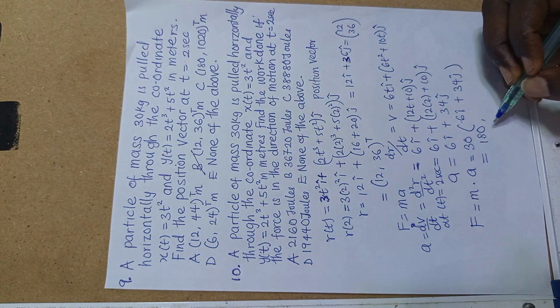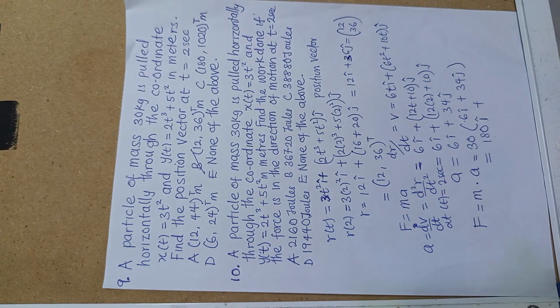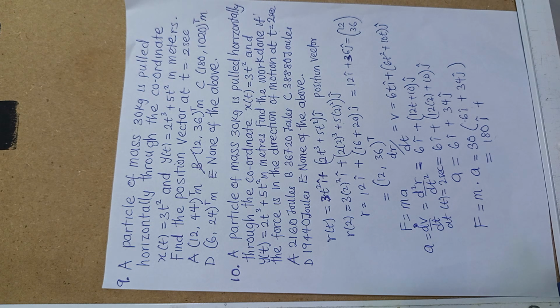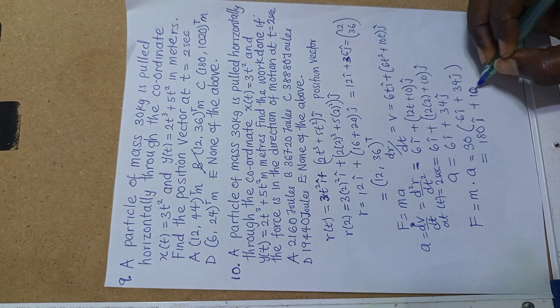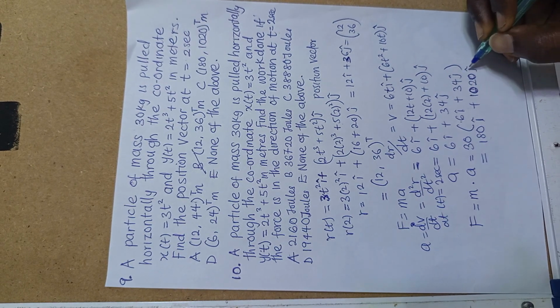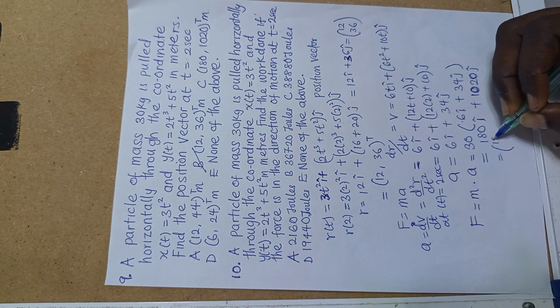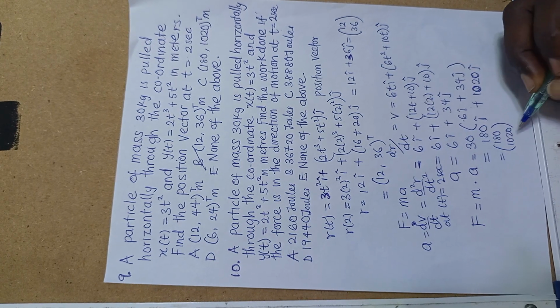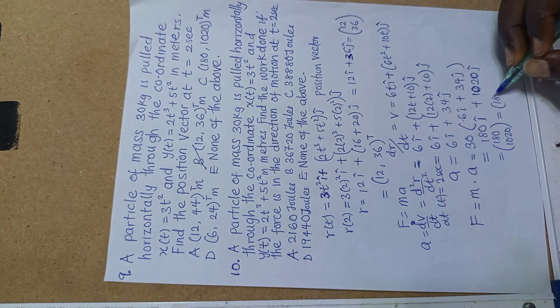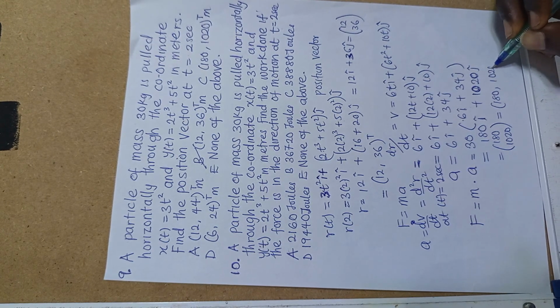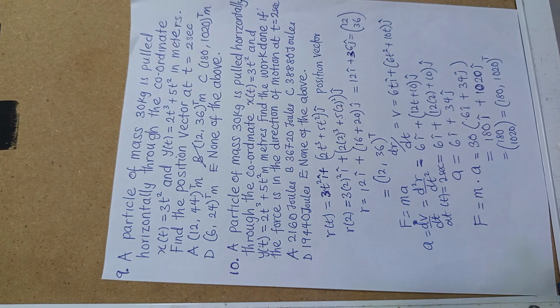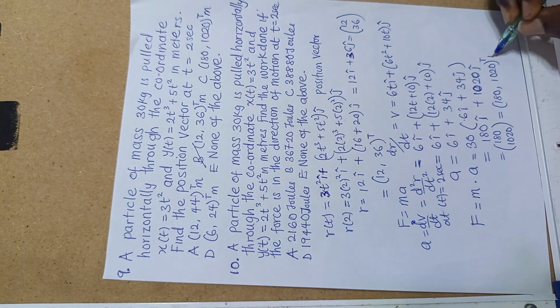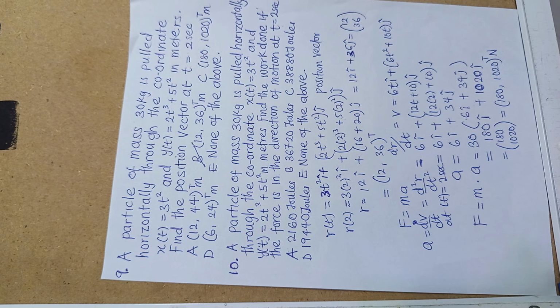So I want to have it as 180i plus 30 times 34, which is 1020j. So the force is 180, 1020, or we can write it as the transpose of 180, 1020, in Newton.